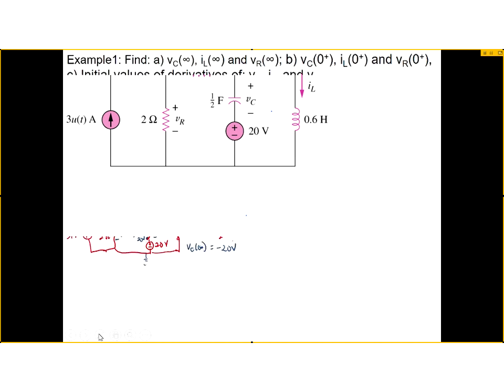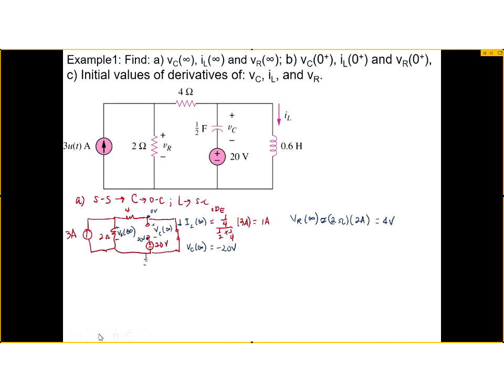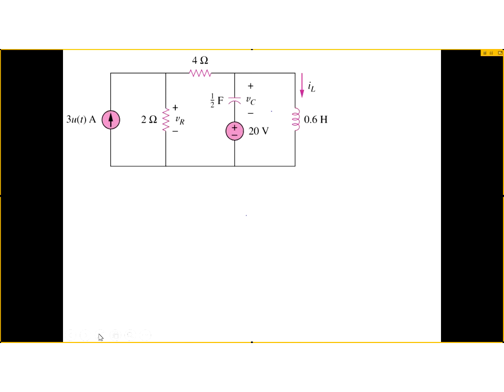So for part B, we're asked to find what? Initial values of the same 3 variables. So for part B, we are looking for V of C at 0 plus, I of L at 0 plus, and V of R at 0 plus.